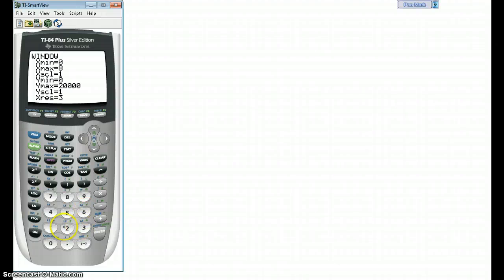So let's just say 20 years. So 20 years would be 20 times 365, because remember this is on a daily basis. And I'm only going to take my dollar amount up to 20,000, because remember we're modeling amount owed or amount payable as a function of the number of days.